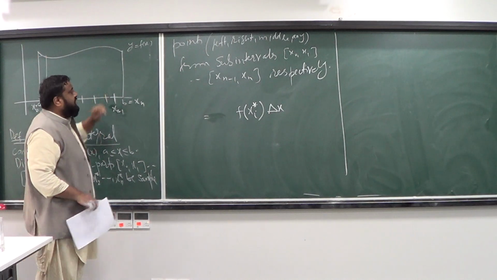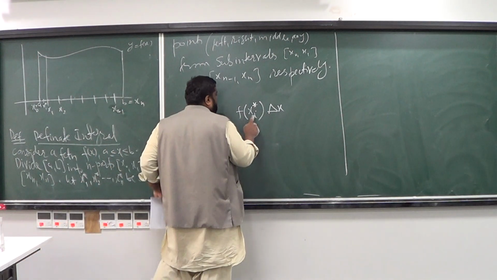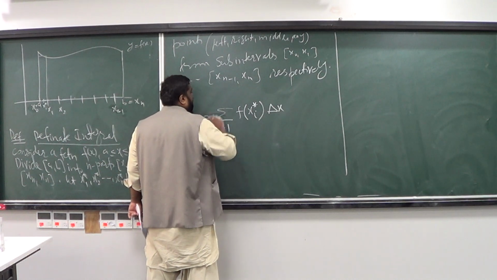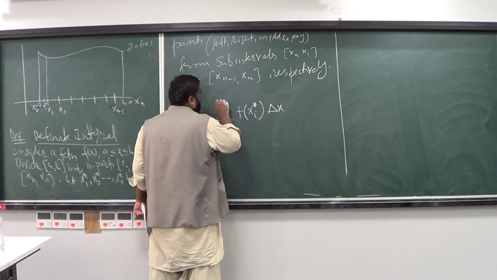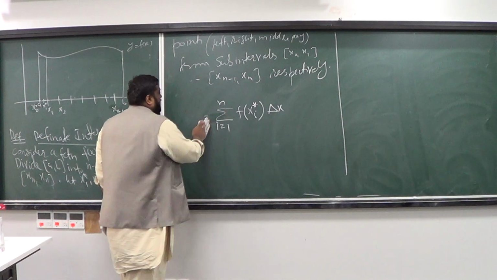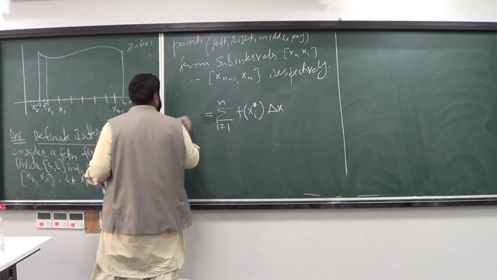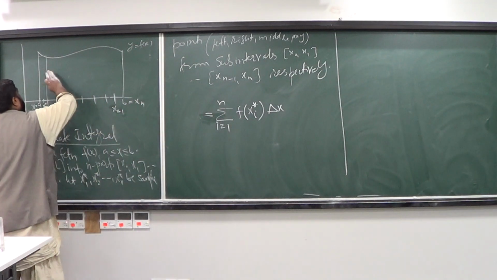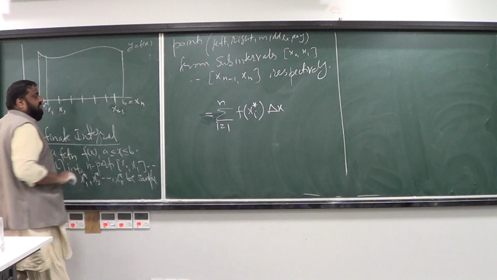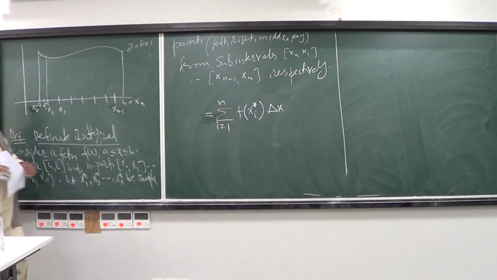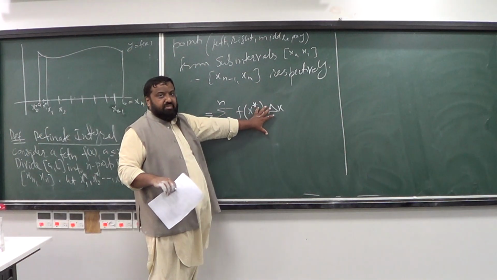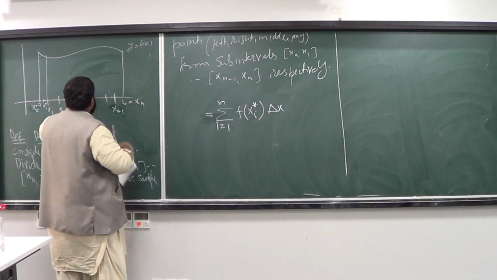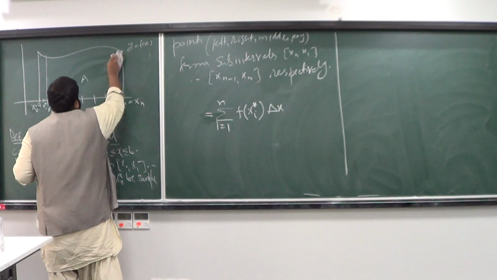So split this region into such rectangles, with i going from 1 to n. Then I know that this sum is going to give me the area A under this curve.